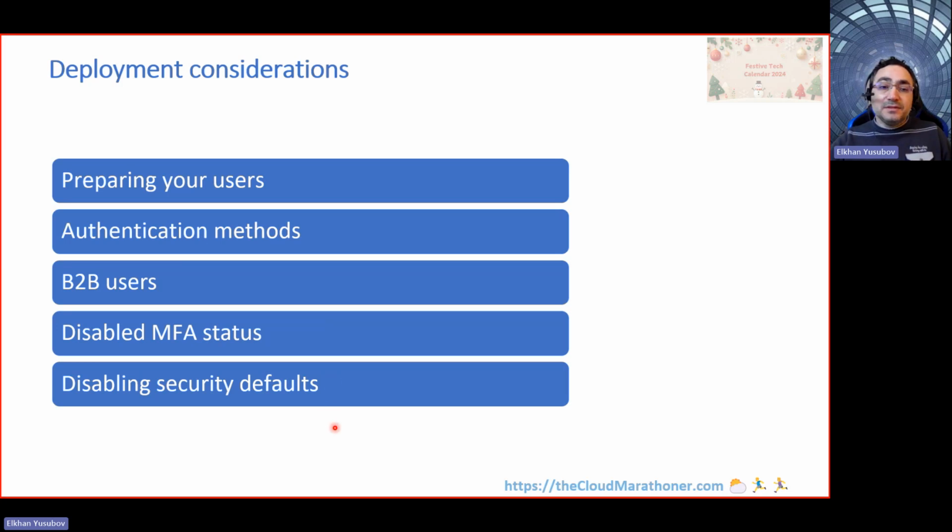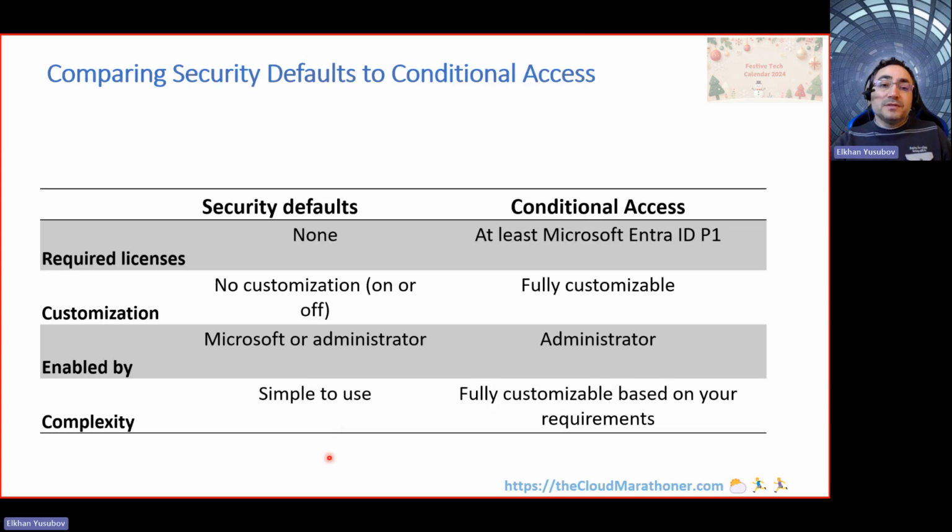Okay, that's it. Now let's look at the chart where we can much more easily compare the functionality, as well as what's required for conditional access and for the Microsoft Entra security defaults options. Let's look at that. This is a table or chart where you can compare that.